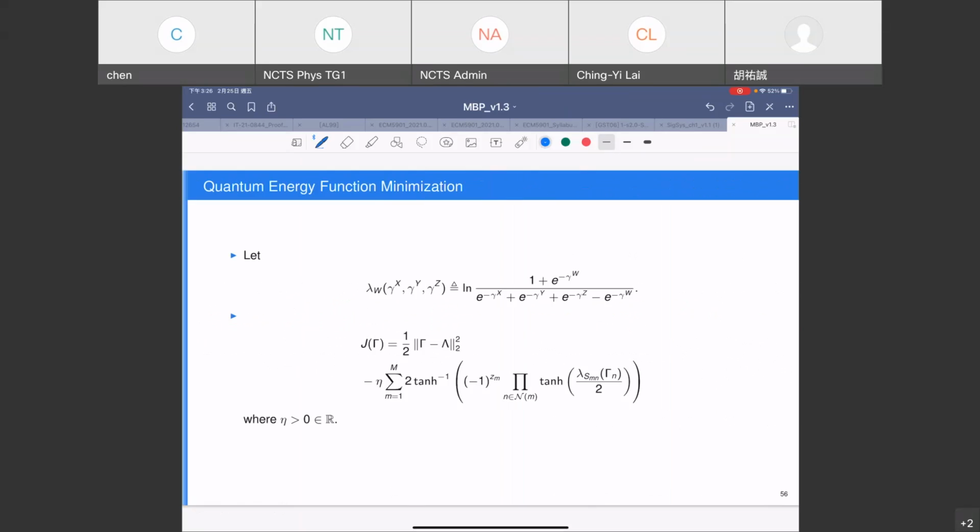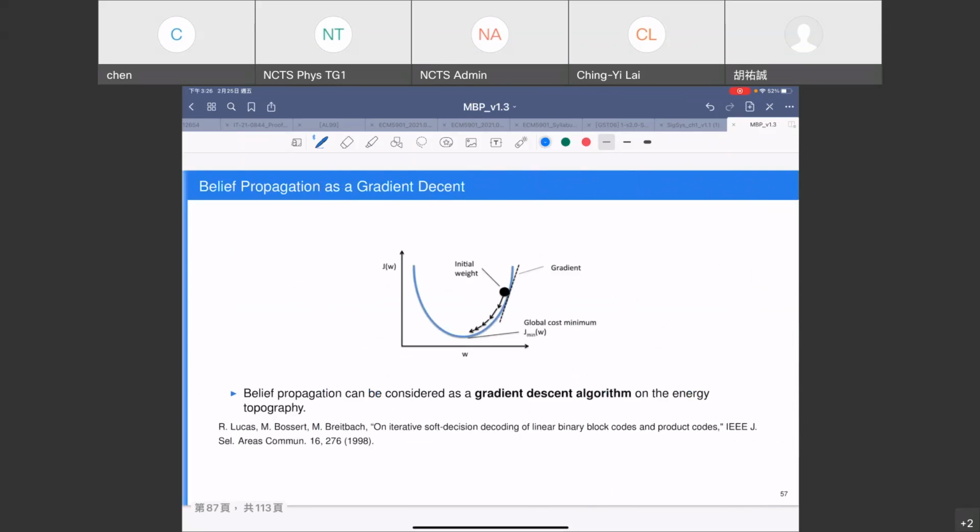Anyway, the idea is that we define this energy function and you do a differentiation on the energy function.